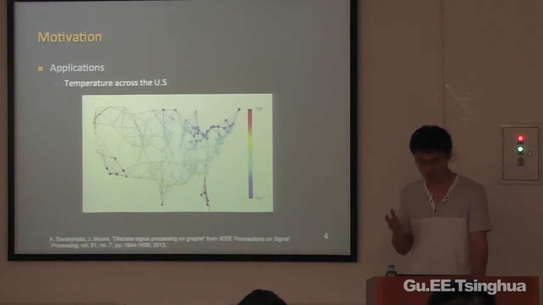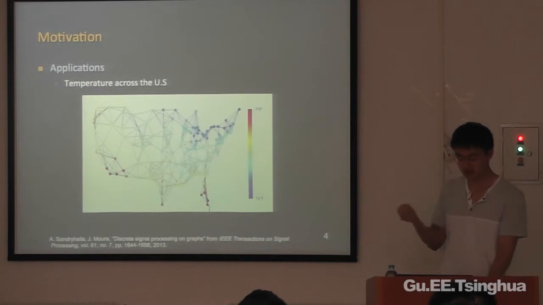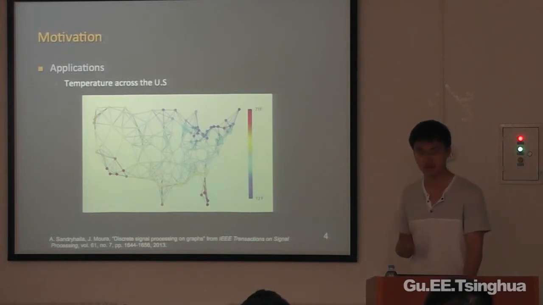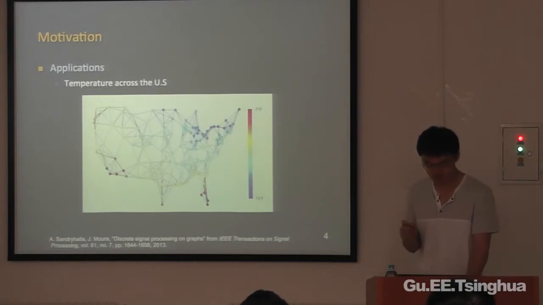And we can think about those temperatures. There are some geographic properties behind those values. For example, if we want to represent the temperature in New York, we can assume it's close to the temperature in Philadelphia, because they're close in geographic distance.